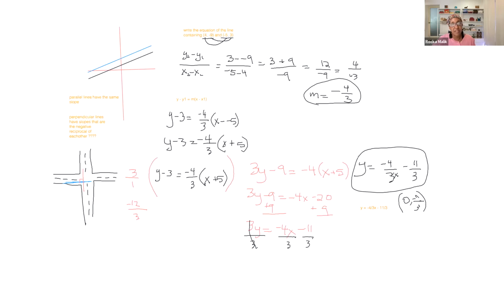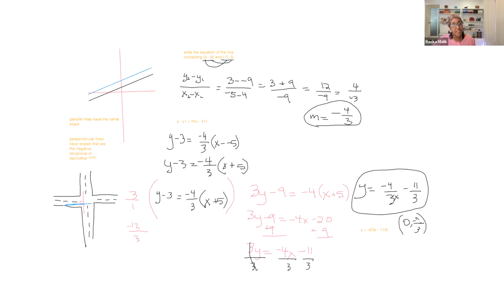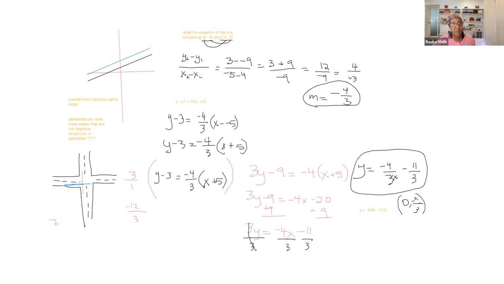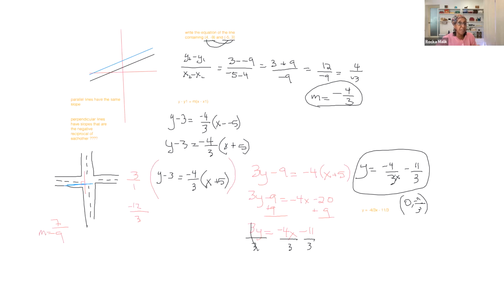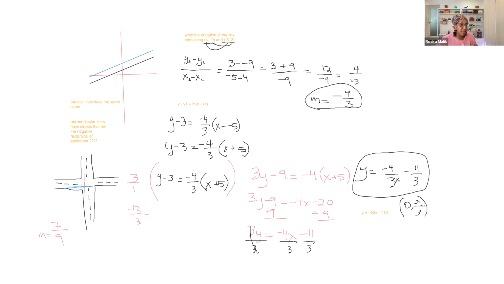So if the slope of this line was 7/9, let's pick something really ugly, then the perpendicular slope, the slope that meets it at 90 degrees, is going to have the negative reciprocal. The numbers will be flipped.